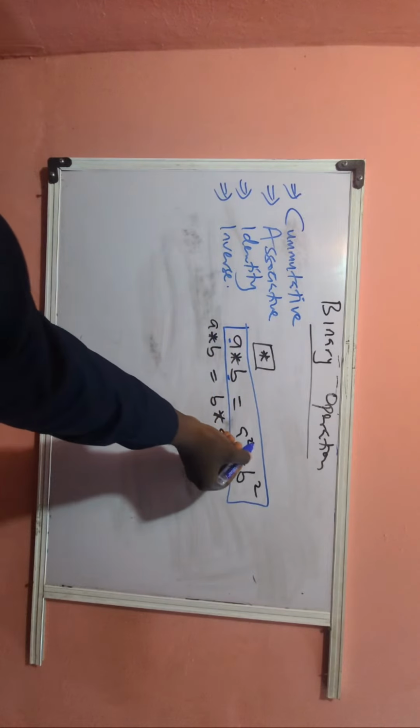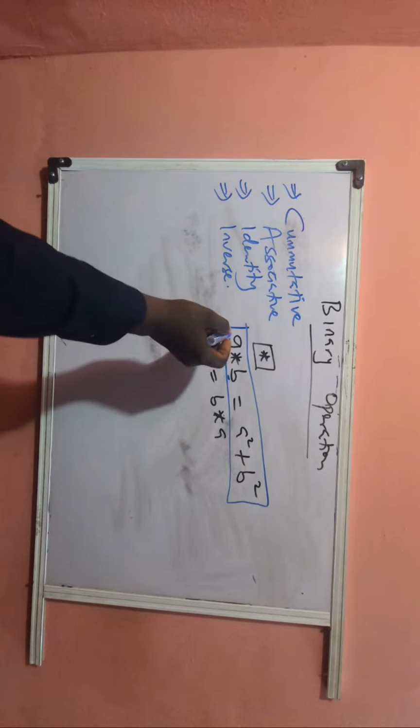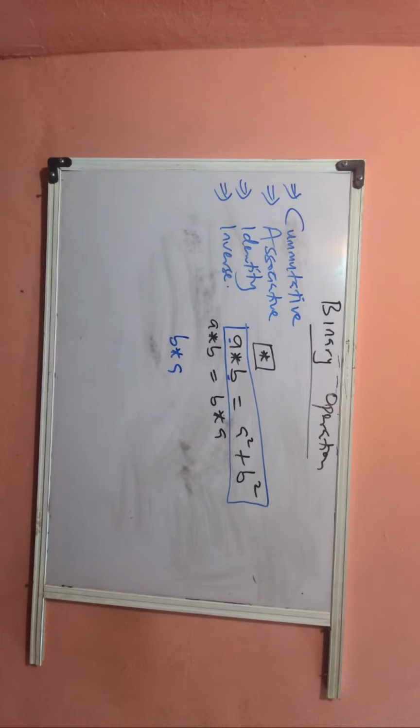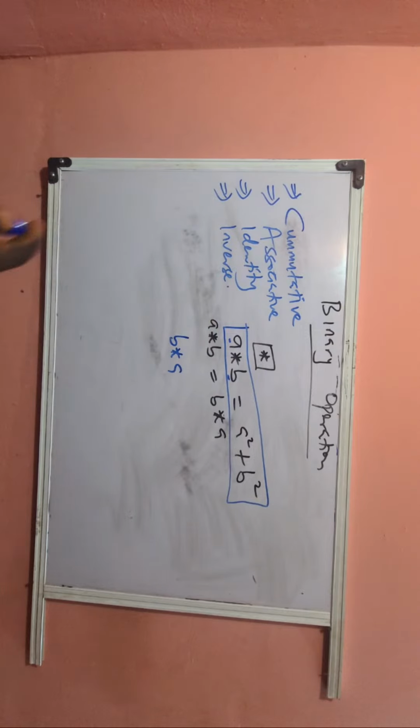It's given as a squared plus b squared. If this binary operation has the commutative property, that means when I decide to do b star a instead of a star b, I must have the same thing as a star b. If I don't have the same thing, then it's not commutative.